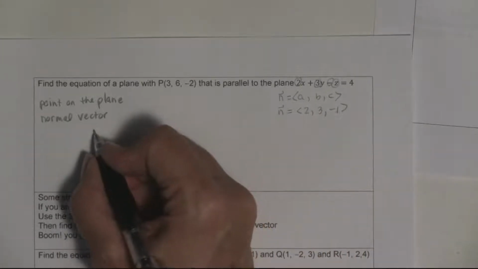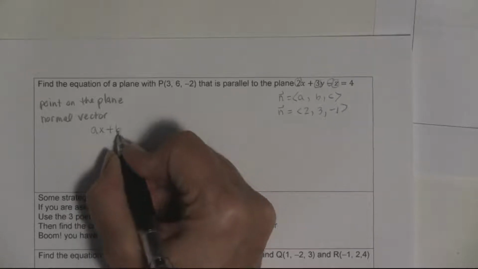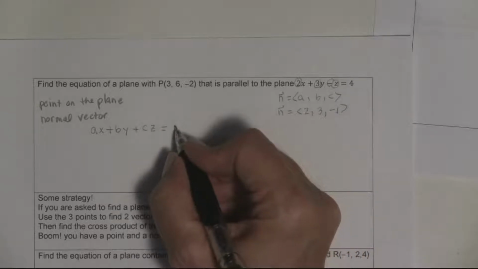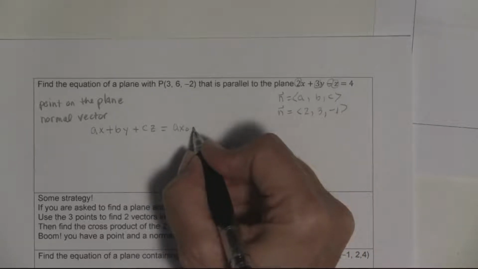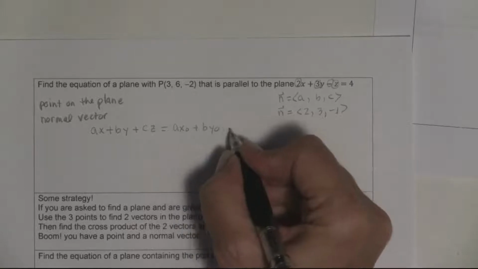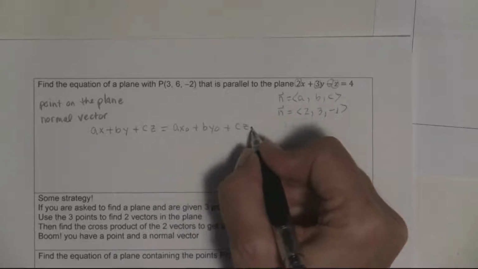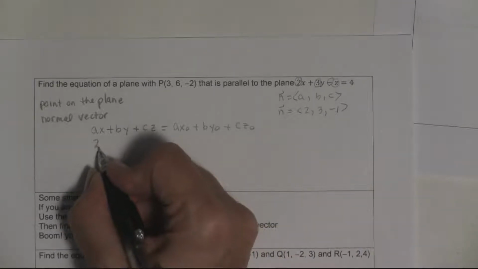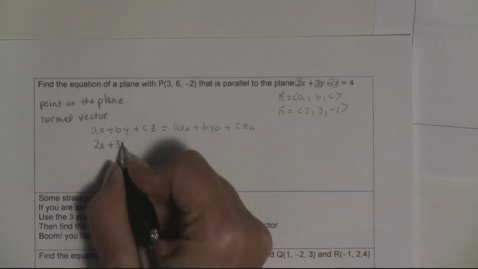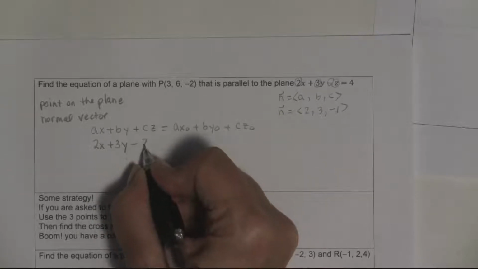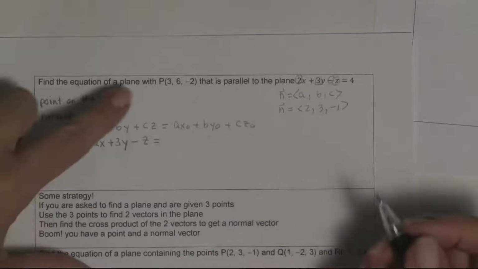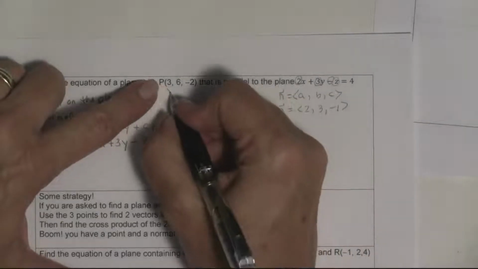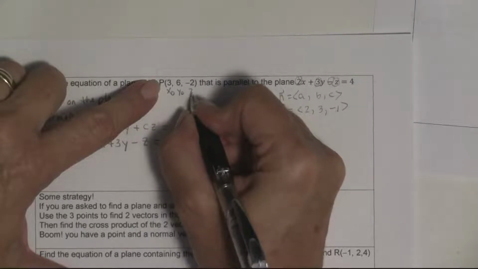And so the formula is this: AX plus BY plus CZ equals AX naught plus BY naught plus CZ naught. And so in this case, this is 2X plus 3Y minus Z equals, and then when I multiply these together, this is my X naught, Y naught, Z naught.